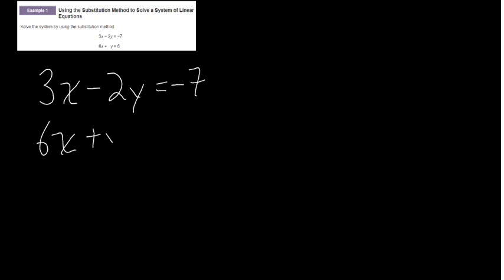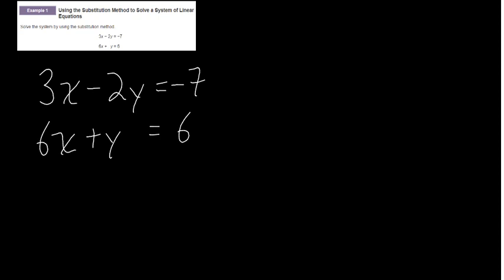All right, so let's read. Solve the system by using the substitution method. Okay, so let's go ahead and rewrite this problem. Okay, so I said that you're pretty much going to know which variable you're going to isolate, and here's why.